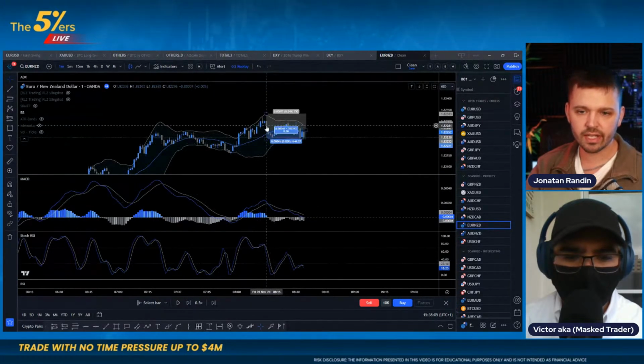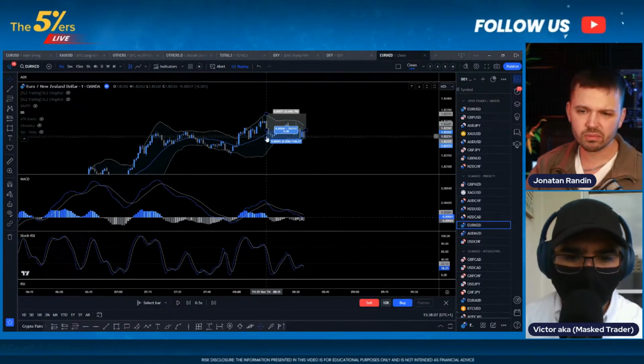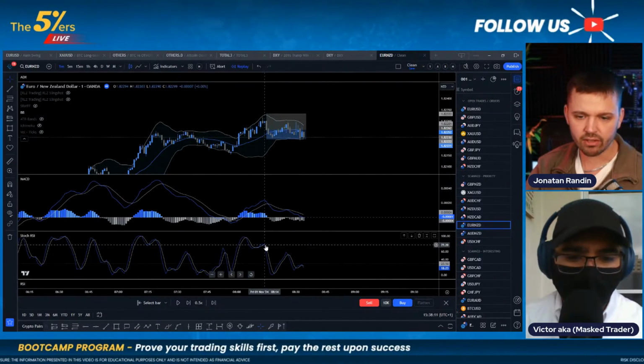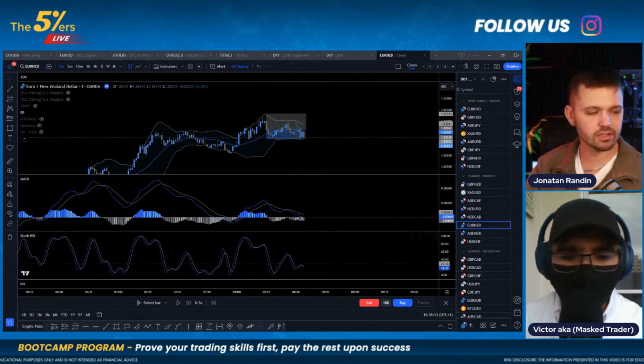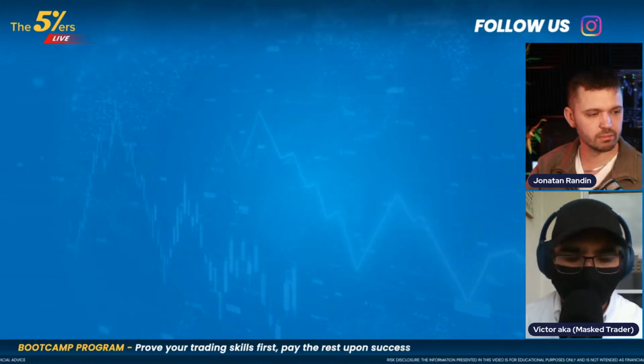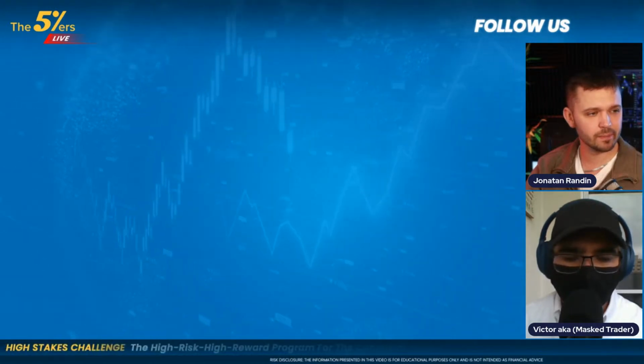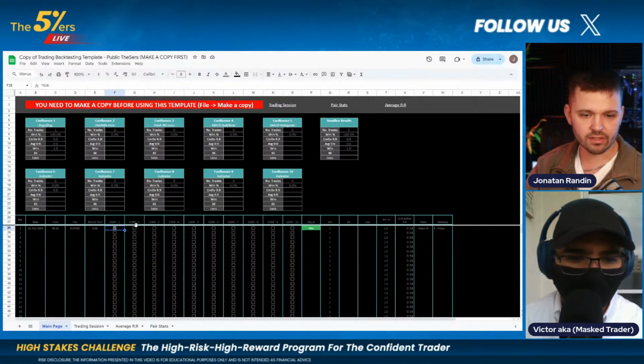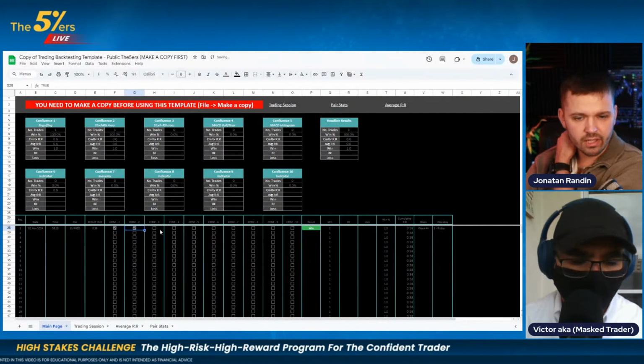So that's where you have the candle. And I do believe that I would categorize this as being in the right area, and it also gives you a cross. So if you go back to the backtesting template, you have the stochastic RSI area, and you have a cross.